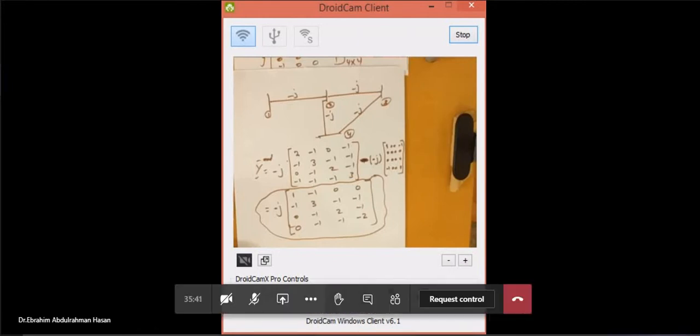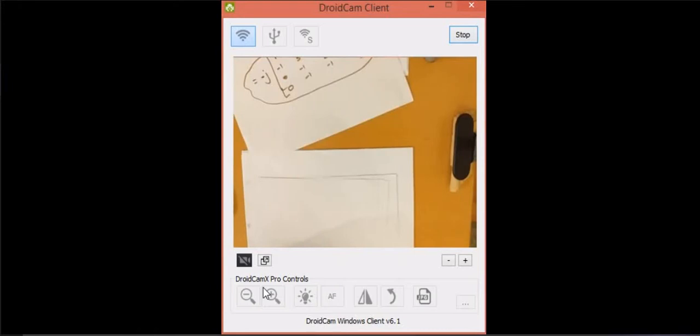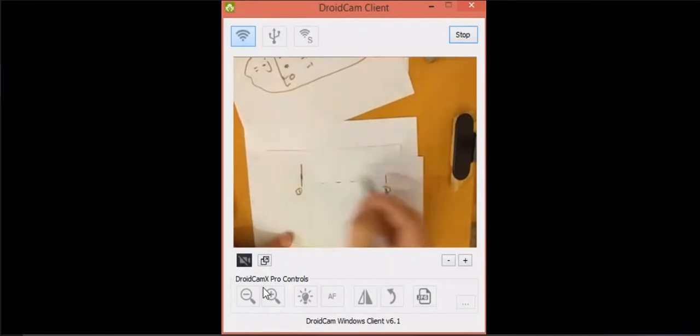Now there is an addition to the previous network, just between 1 and 3. So between 1 and 3, I add a line with J, and there is a capacitor.